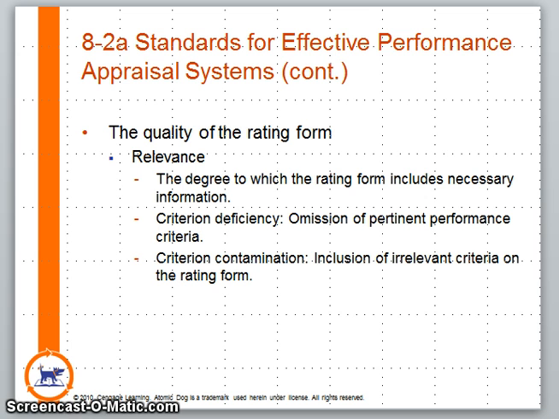The quality of the rating form relates to relevance, the degree to which the rating form includes necessary information; criterion deficiency, the omission of pertinent performance criteria; and criterion contamination, which is the inclusion of irrelevant criteria on the rating form. When we're talking about the rating form, we're just talking about how that performance is actually measured.